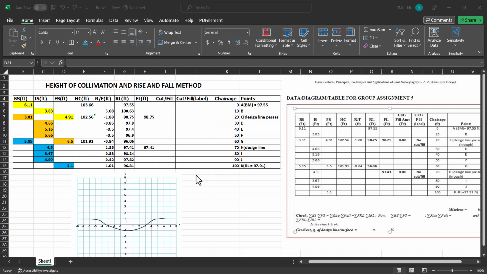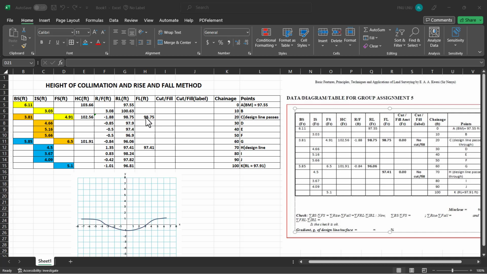So now for you to be able to compute the cut and fill of the particular chainages of which the finished levels are given to you, you have to subtract the finished level from the reduced level of those chainages.